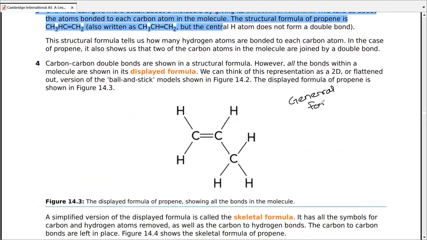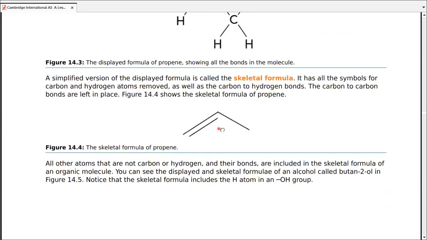So general formula was a formula that we were previously using to depict an entire homologous series or entire family. For example, all alkanes were shown to be CnH2n+2. So general formula really was the fifth type. Okay. So since I'm done with all five types, let's move on to skeletal formula.